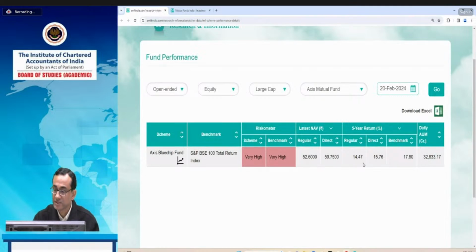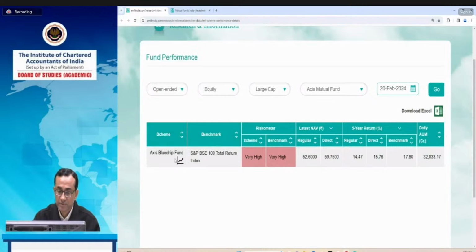And the 5-year return is given, and this is also varied. NAV also fluctuates on a day-to-day basis. So if you see this tomorrow, this will be a different NAV. So NAV changes day to day, just like shares.